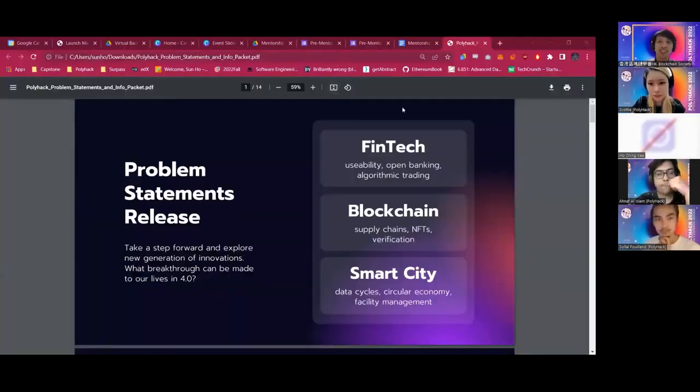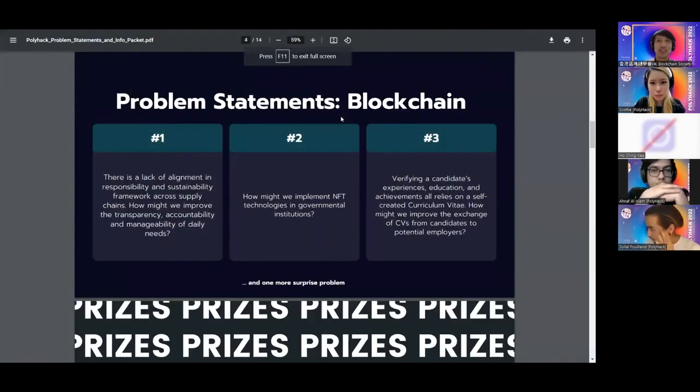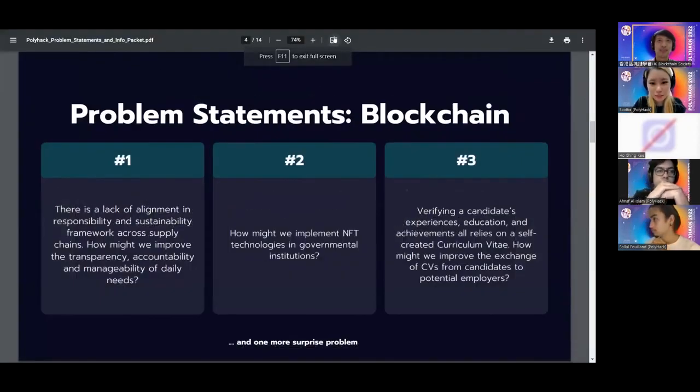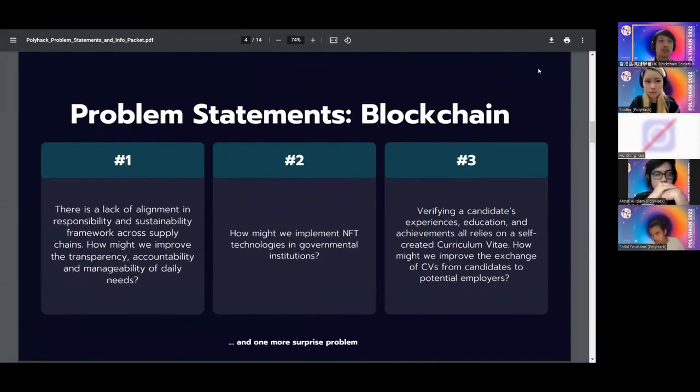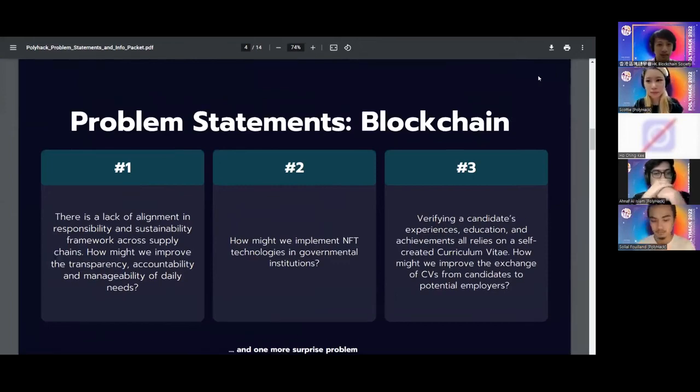Fintech. Oh, yes, that's right. So for blockchain: lack of alignment in responsibility and sustainability across supply chains.